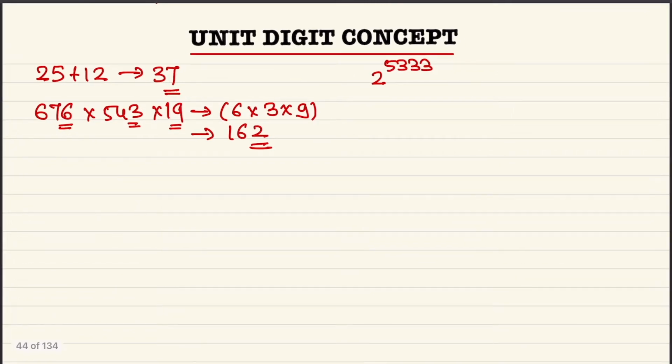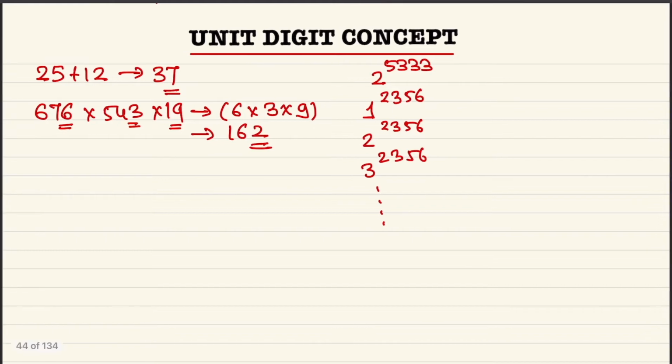Suppose I have to find 1 raised to power 2, 3, 5, 6; 2 raised to power, say, the same example; 3 raised to power 2, 3, 5, 6 and so on. I will tell you one by one for all the numbers from 0 to 9.